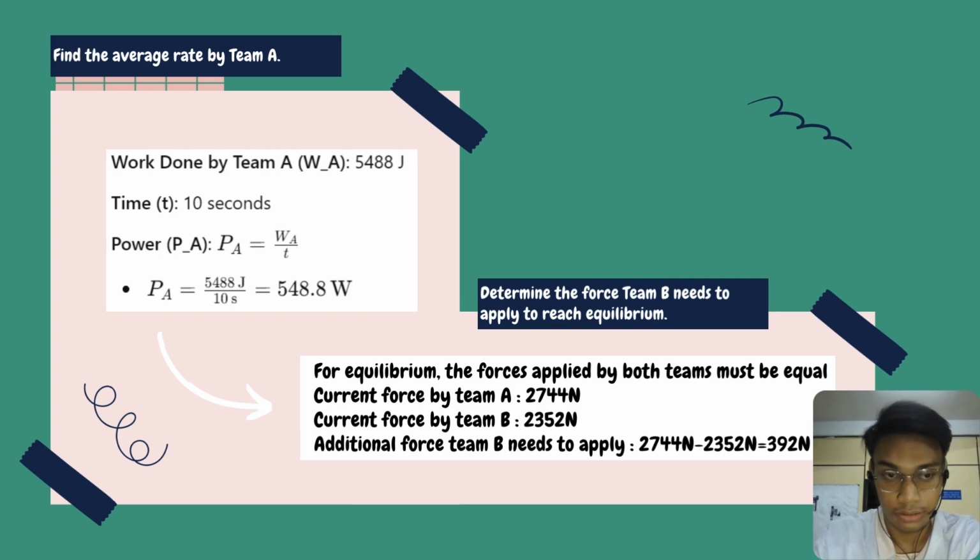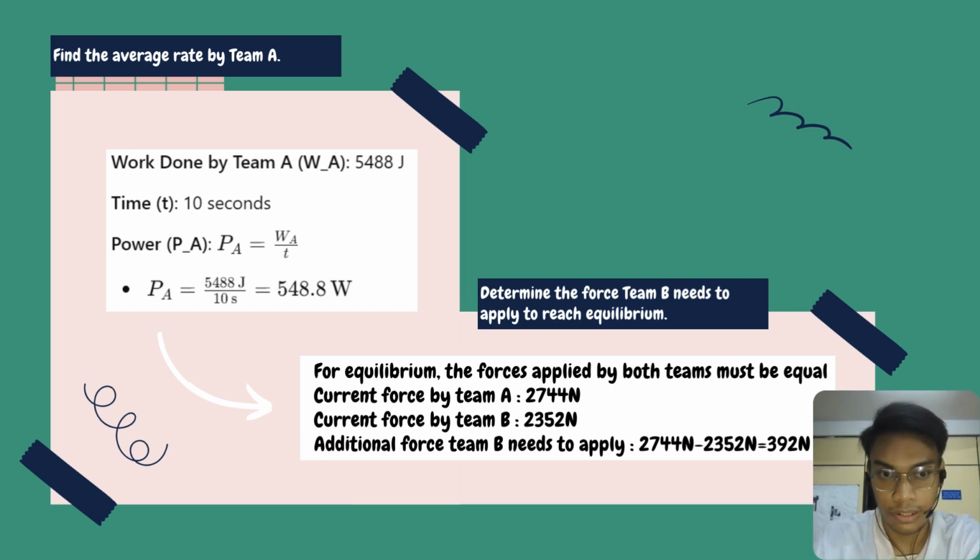Okay, now we need to find the average rate by team A. The average rate here means we need to find the power. The formula for the power is P equals W, the work, divided by t, the time. The work done by team A is 5488 Joule and the time is already given in the statement, which is 10 seconds.